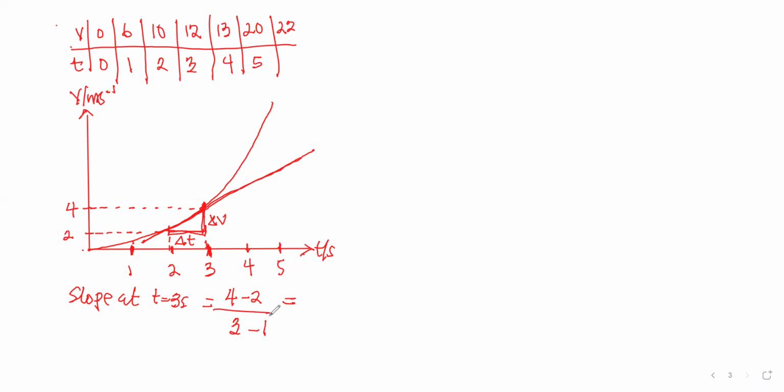So the slope here is 2 over 2, which is 1 meter per second squared. This is the acceleration at a time t equal to 3 seconds.